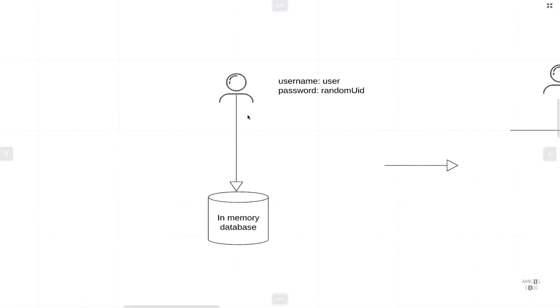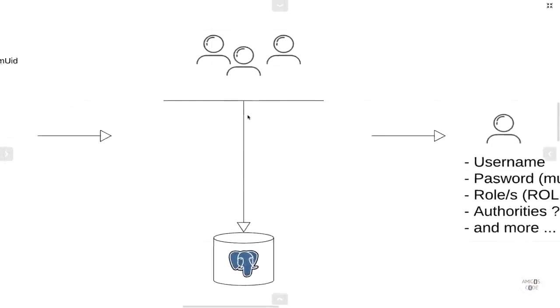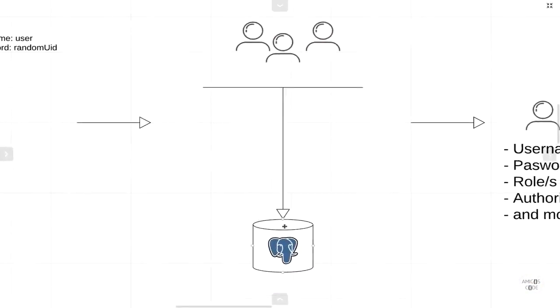Now, obviously, when you develop your own applications, you want to have a bunch of users, i.e. users signing up to your application so that you can then authenticate them as you need. So usually we would have something like this. So you'd have a bunch of users, and then you'd actually store them inside of a real database.